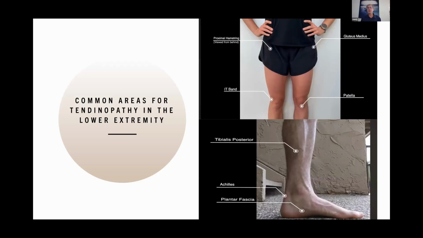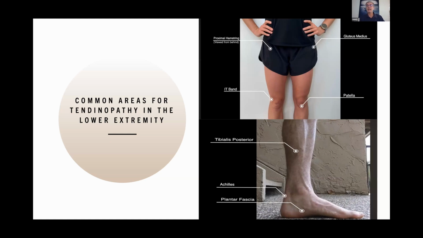Some common areas for tendinosis would be up in the back, in the ischial tuberosity or the sits bone, where the hamstring attaches to the pelvis. That can become a very recalcitrant area of the body to treat. It's a tough one.